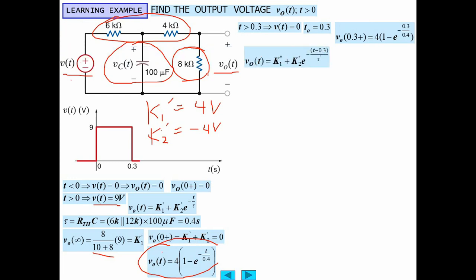Now we have K1 and K2 double prime. You'll notice that t naught now makes a difference right there. So at 3/10 of a second, we match up this solution down here with the new solution up here.